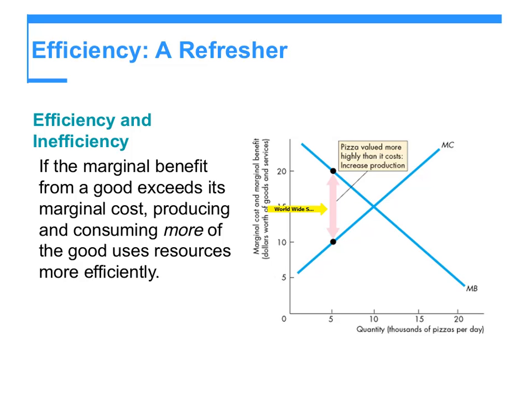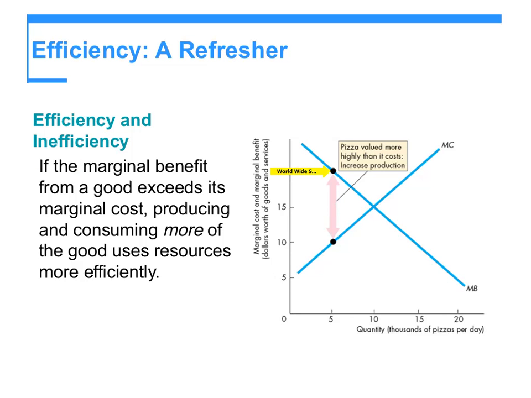Very simple. Here, people are willing to pay more because it gives you more value than the money that you are giving up for the pizza, up to the moment that you reach this point. So for 10,000 pizza per day, and price of 15, that is the point that equilibrium happens. It means marginal benefit and marginal cost are the same. As you can see, if the marginal benefit from a good exceeds its marginal cost, here is marginal benefit, this is marginal cost.